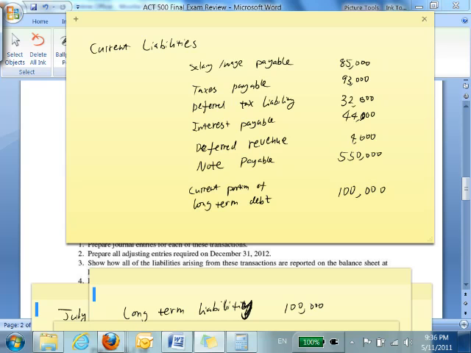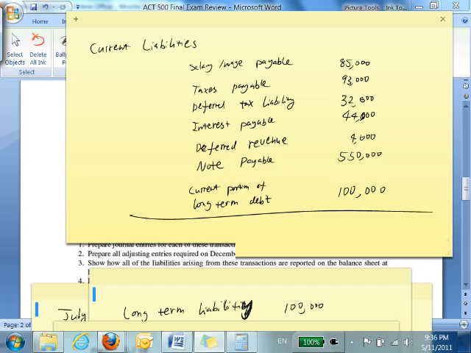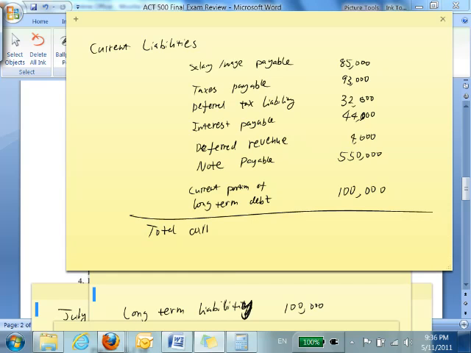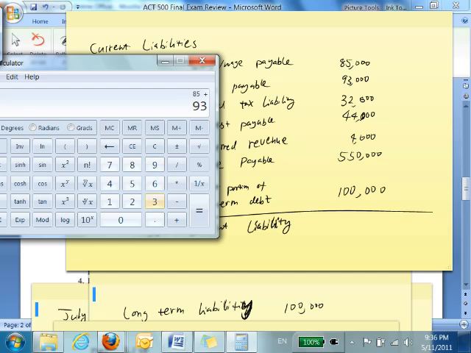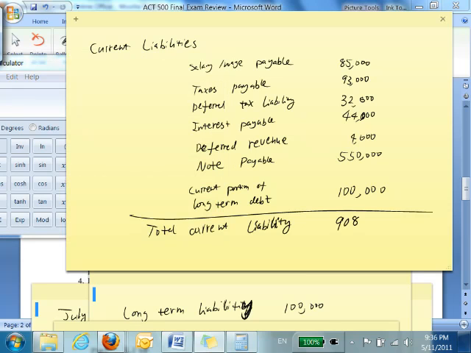$100,000. So add them together. We have total current liability, let's see. $85 plus 93 plus 32 plus 44 plus 4 plus 550 plus 100. 908,000.